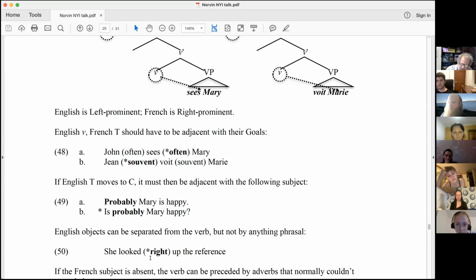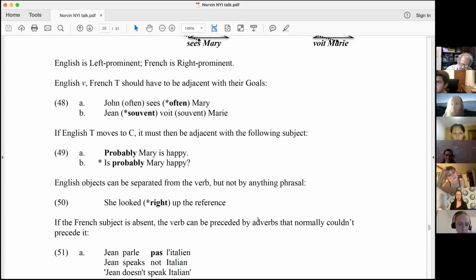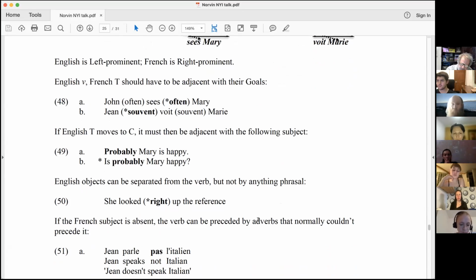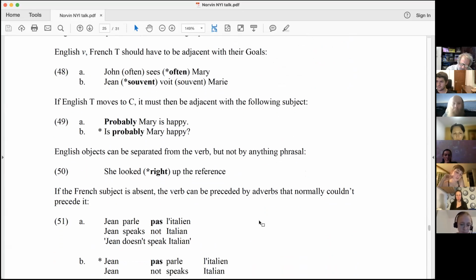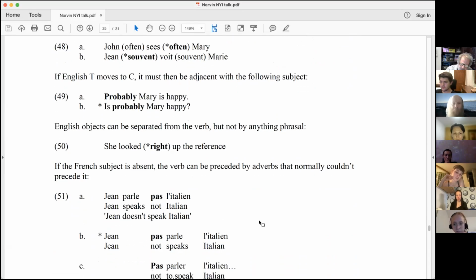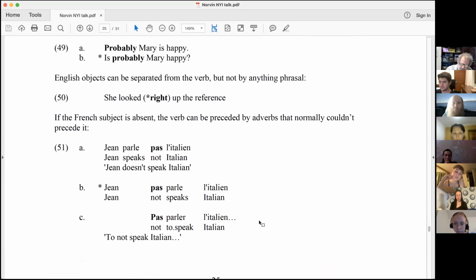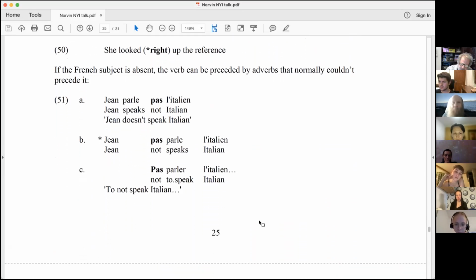It's a ban on adverbs that go between probes and goals that follow them. English objects can be separated from the verb, but not by phrases. So you can say she looked up the reference. That's fine, but not she looked right up the reference. Puzzle on classic stories.